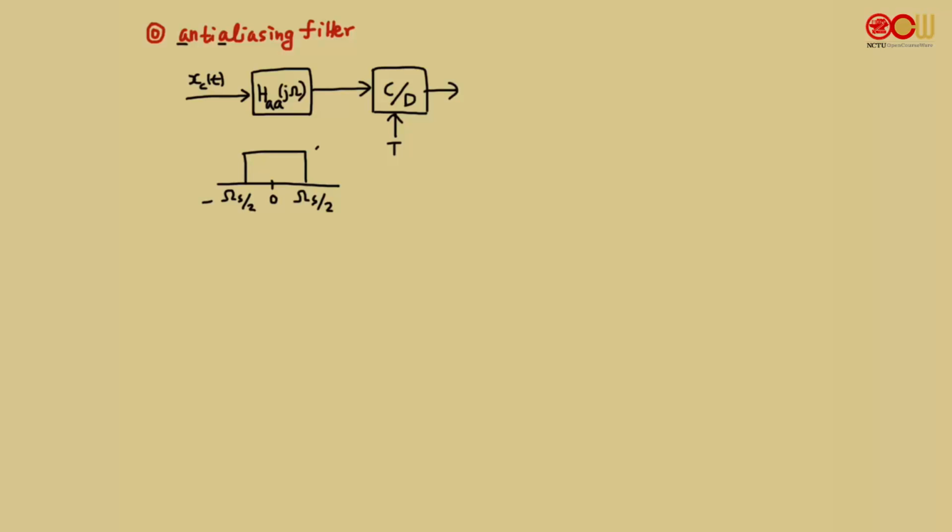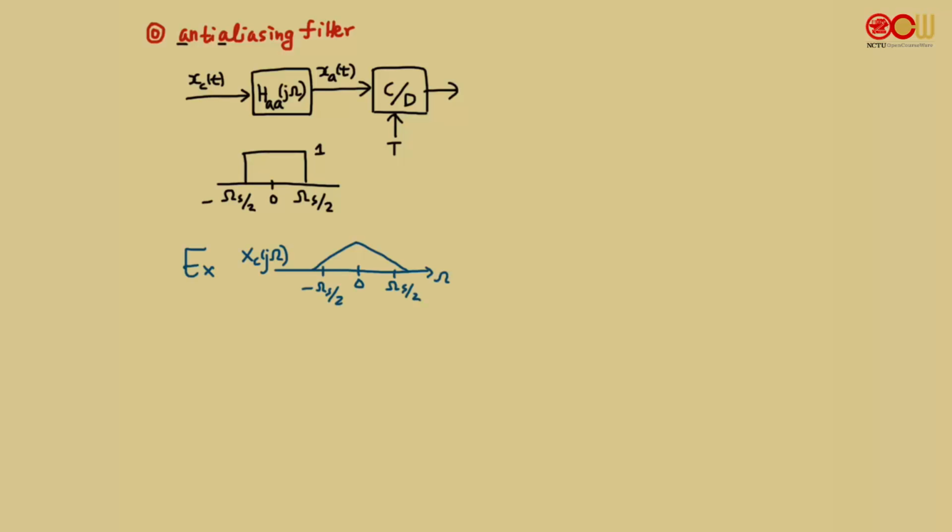With such a filter, the signal at the output of the anti-aliasing filter will be nicely band limited to omega s over 2, and there will be no aliasing.